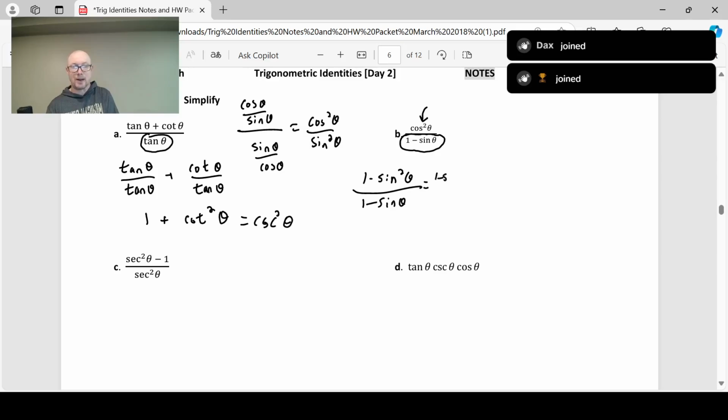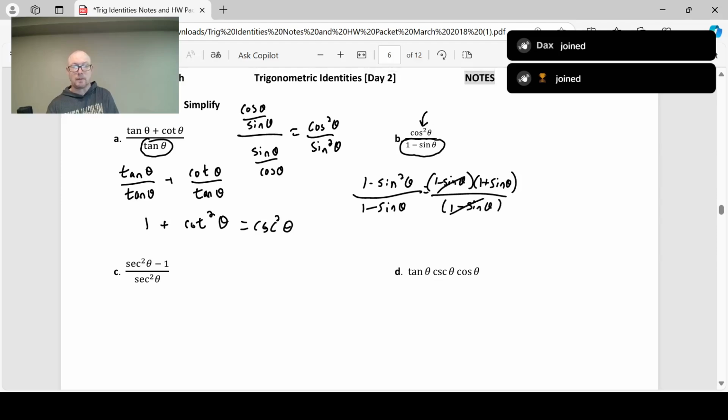So that would be 1 minus sine theta times 1 plus sine theta, divided by my denominator 1 minus sine theta. These would cancel, and I would be left with 1 plus sine theta as my answer there.